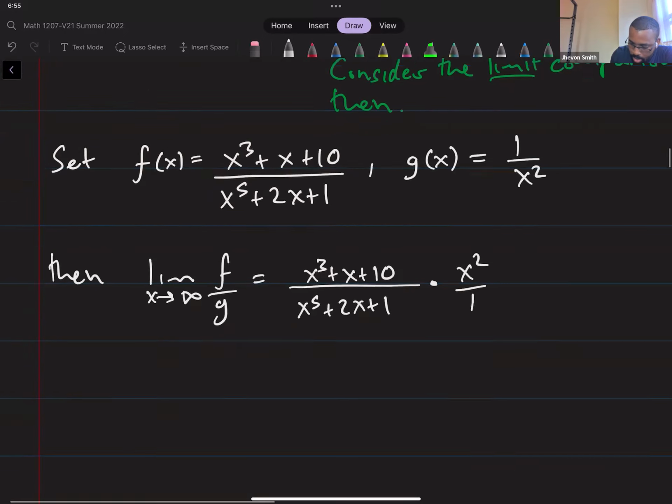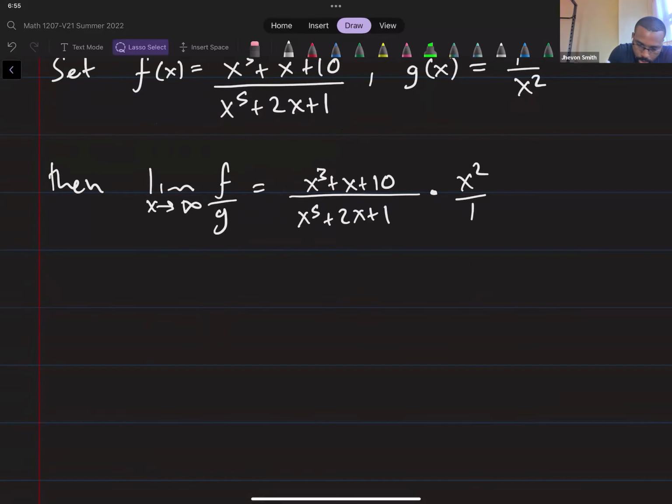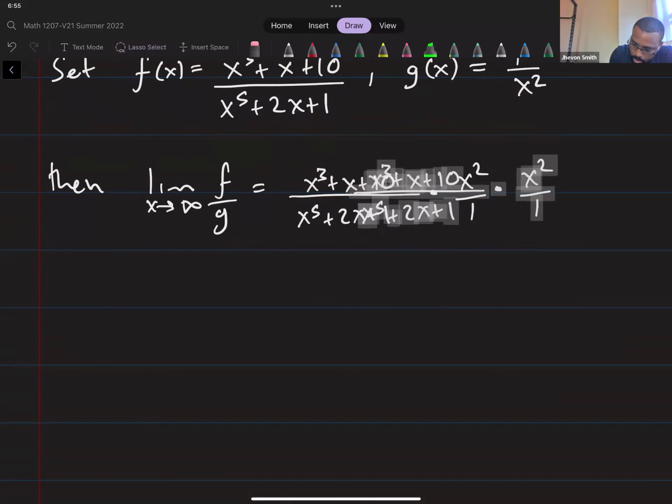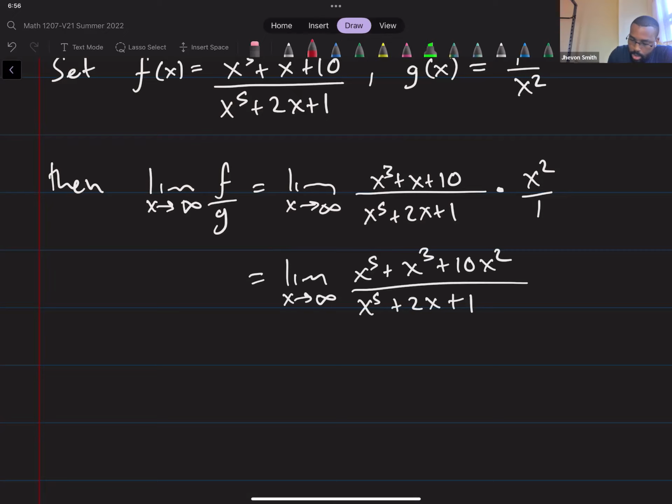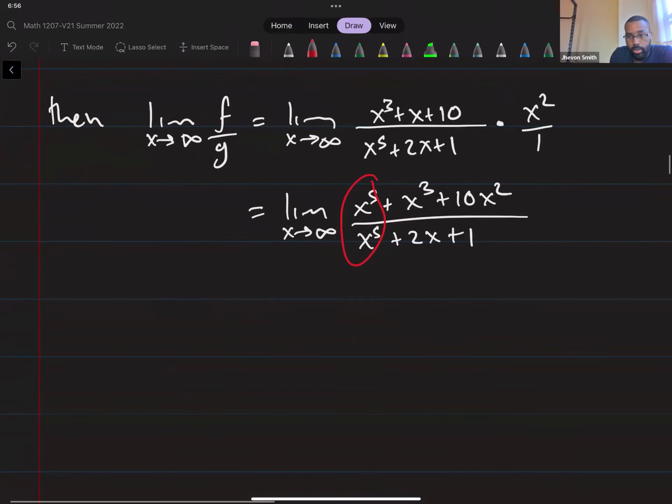You keep, change, flip. We don't know that rule. And we are taking the limit, that's really just the limit of x to the fifth plus x cubed plus 10x squared over x to the fifth plus 2x plus 1. And we know that this leads to the limit being the ratio of the leading coefficients, again from Calc 1. So that gives us 1, which is greater than 0.